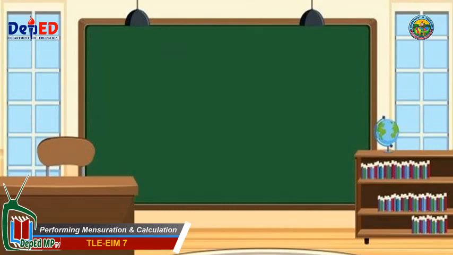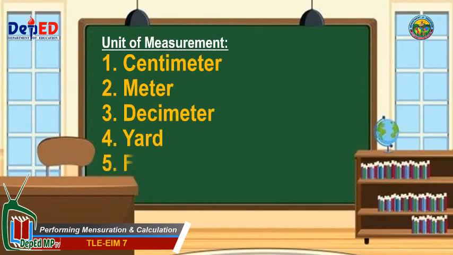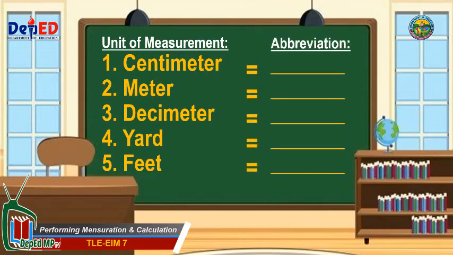Now, here are the units of measurement that are commonly used. Your first activity is to write their unit abbreviation as you know it on the blanks provided in your module. You can pause this video for a while as you answer, and then you can play it again so that we can continue with the lesson.